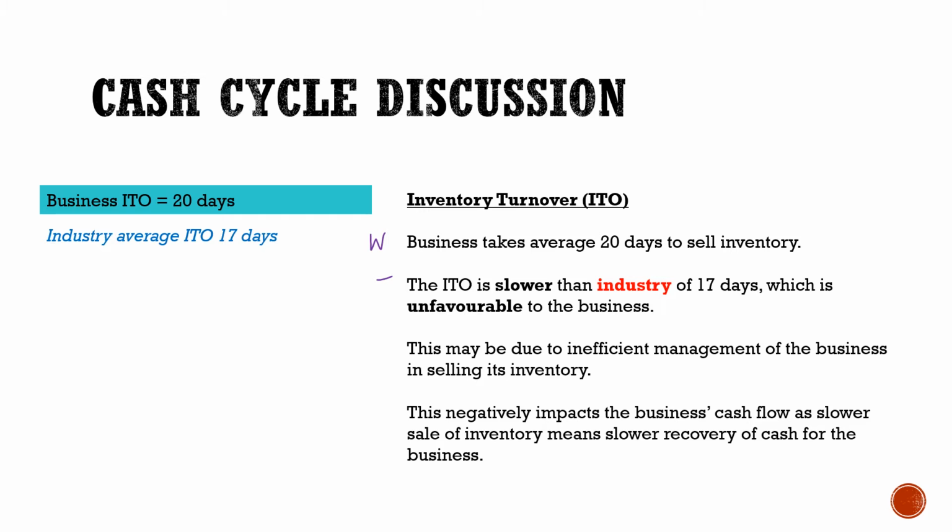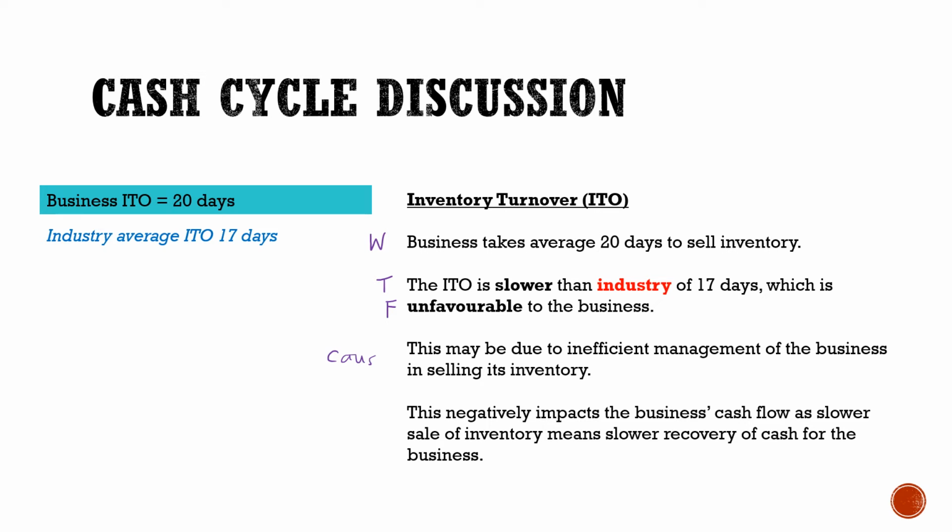Here, we've addressed the trend, where we've made the comparison to the industry average, and we've also addressed the F, where we've commented whether the comparison was favorable or unfavorable to the business. In this case, it was unfavorable. This may be due to inefficient management of the business in selling its inventory.